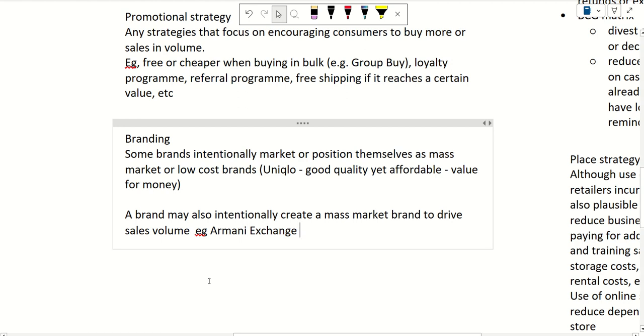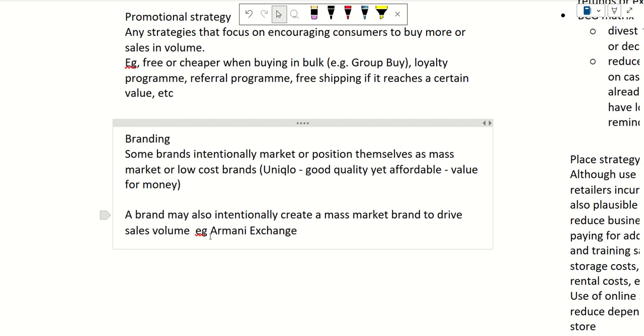Lastly, a brand may create a mass market brand to drive sales volume. Like Armani created Armani Exchange, which is a mass market brand. Yes, it's still expensive, but it is significantly less expensive than Armani itself. I'll give you a simple example. At Armani, you go in, you want to buy a t-shirt.